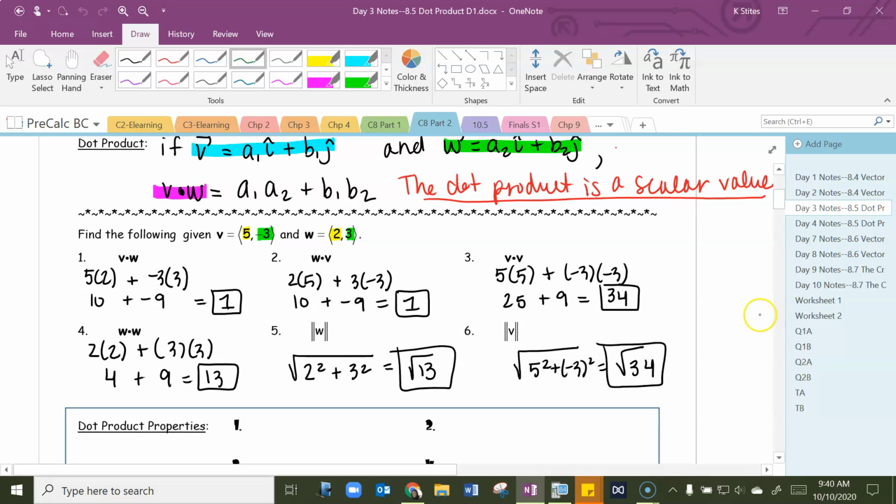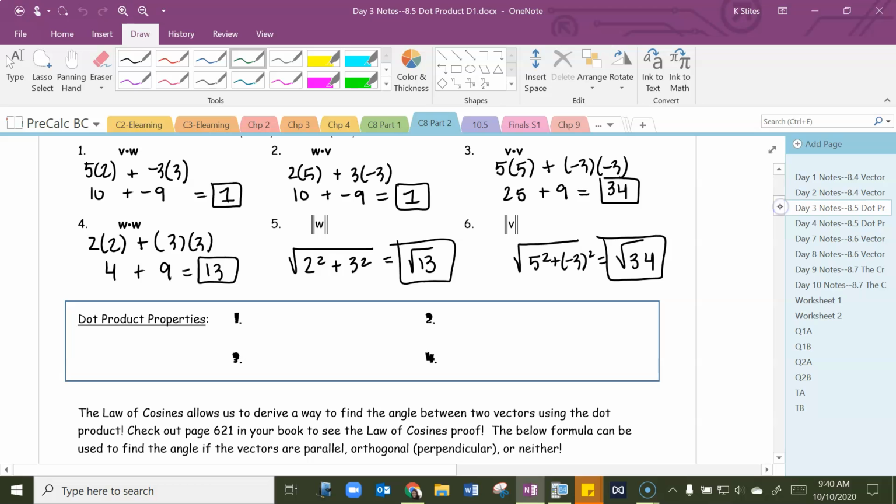So here are some dot product properties that you should know. If you are doing v dot w, it is always equal to w dot v. If you are doing v dot v or w dot w, it is equal to the magnitude of v squared.